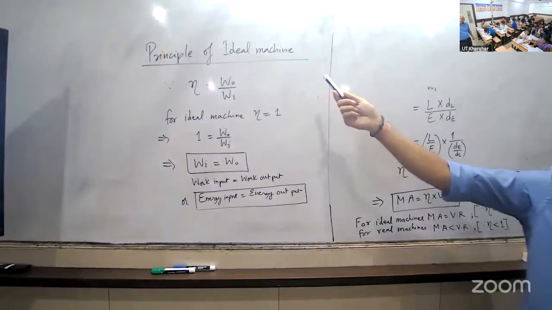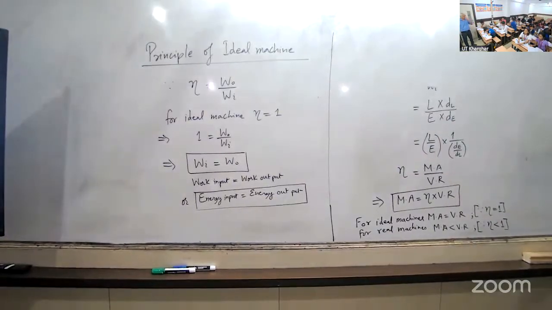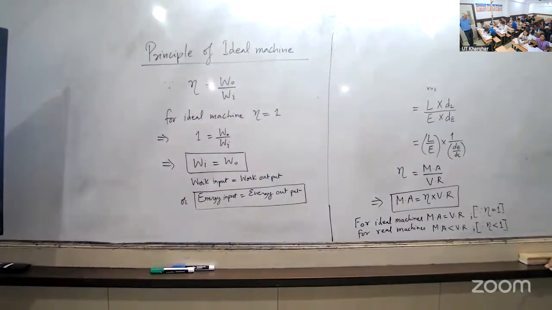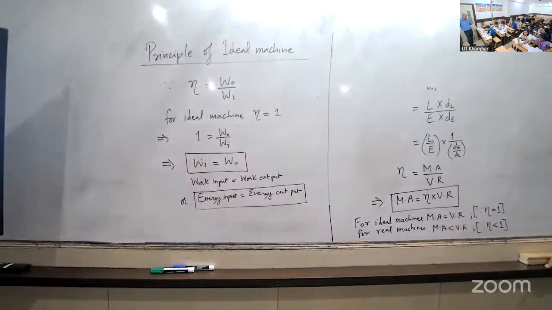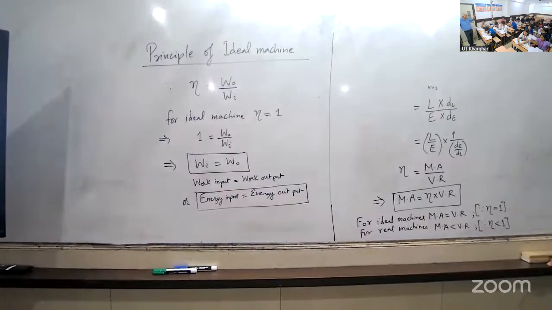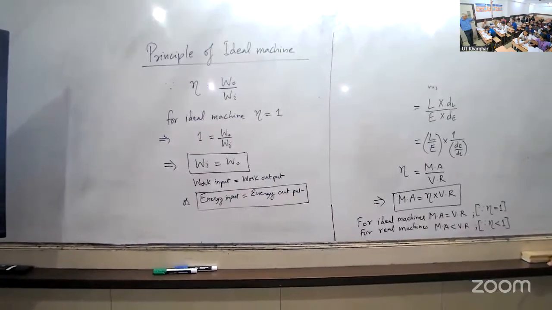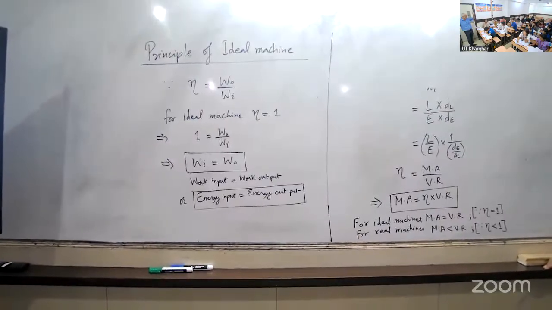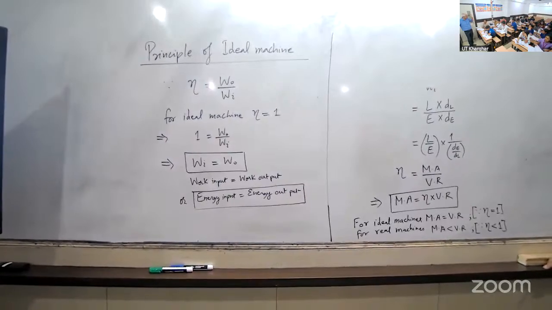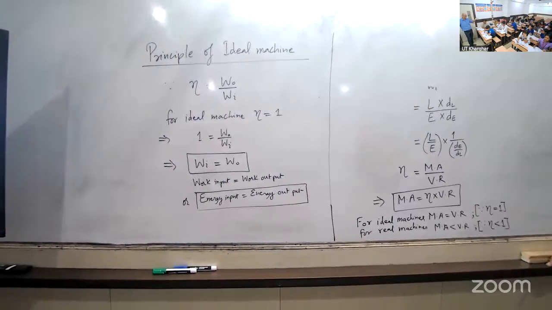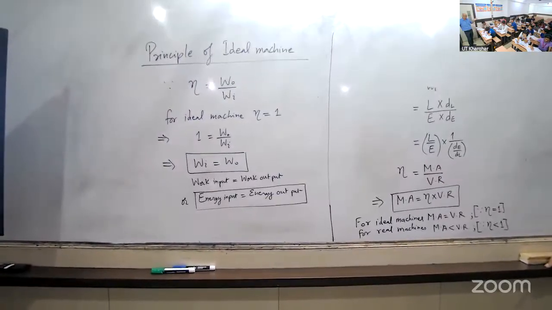Wherever there is ideal machine, efficiency becomes one. Just the play of definitions. So far, we have only become familiar with 4 terms: load and effort, and mechanical advantage and velocity ratio. We have learned only 4 things, the rest is just playing with them. Efficiency, you must have learned about it in different contexts.